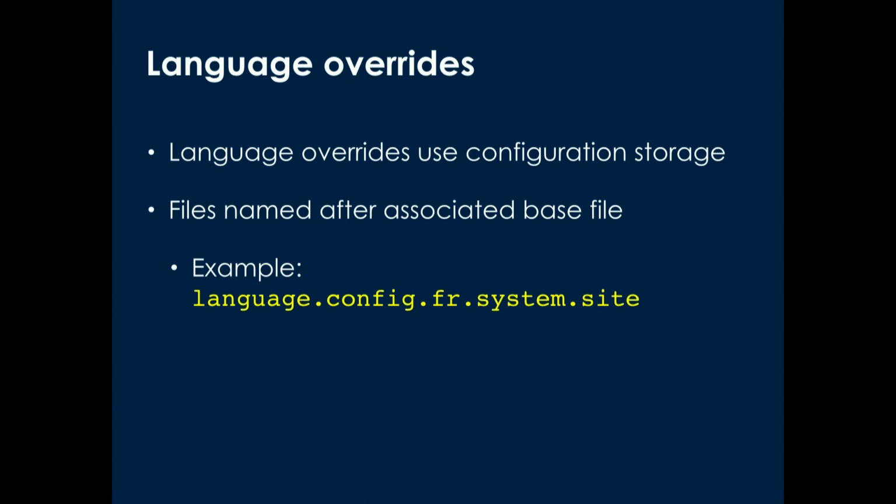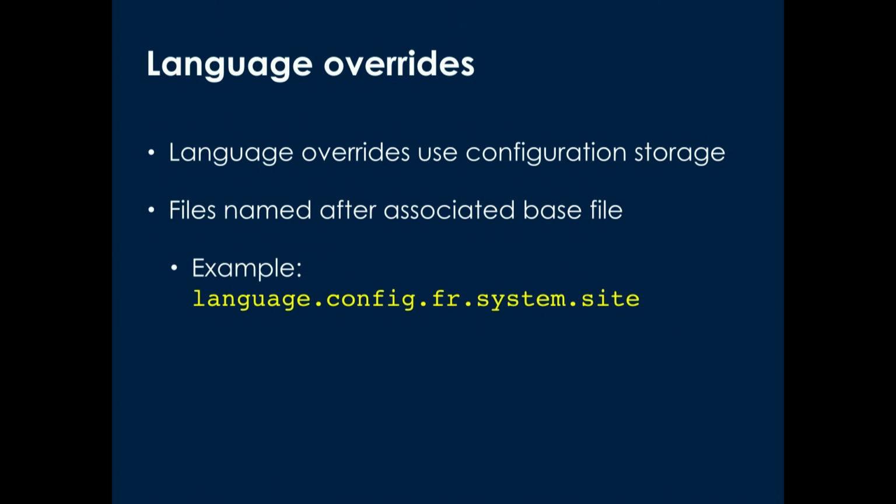Language overrides use the same configuration storage mechanism that any other configuration does. That is, it's stored in the database in the config table and is exported exactly the same way as other non-translated configuration. And the naming contains the language code for the particular language that you're exporting.